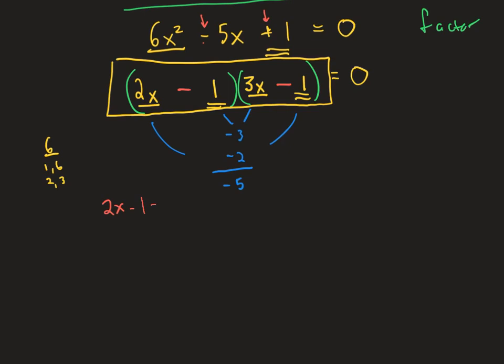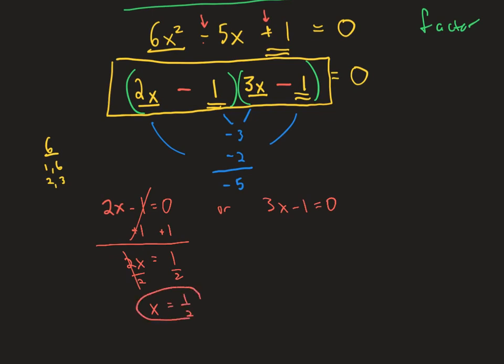2x minus 1 equals 0, or 3x minus 1 equals 0. So x equals 1/2.